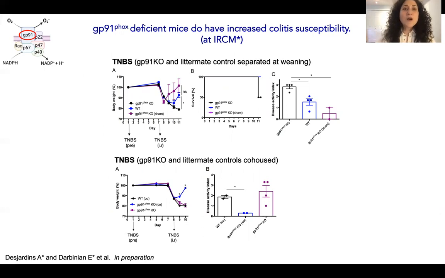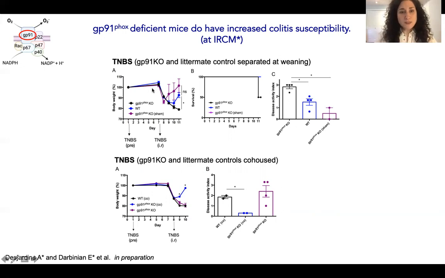And in here, what we see is, again, the microbiota really seems to play an important role. So what I'm showing you in this first experiment are GP91 mice that were heterozygously bred. And what we did is, at weaning, we separated the GP91 knockout mice from the littermate control mice, allowing each of these mouse strains to develop their own microbiota.